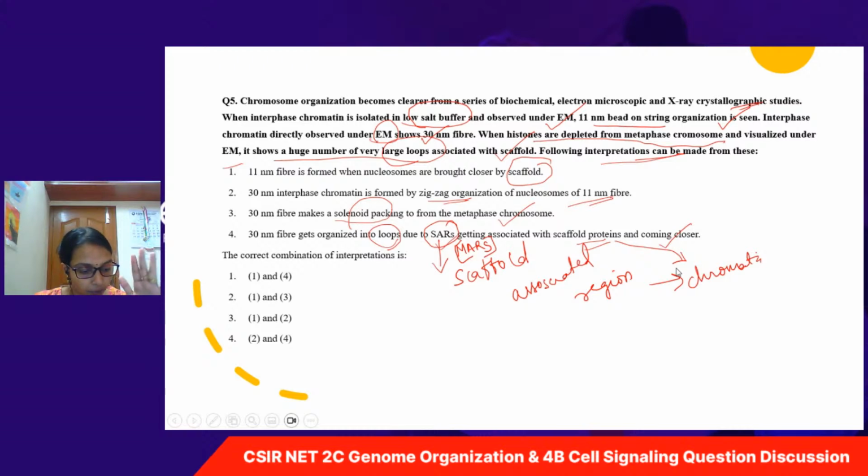The main reason you are not able to answer the question is that you have to be very clear with the basic fundamentals. That is very important when we speak of chromosome organization. I can still see many of you giving answers. Even if right or wrong, you will be confident.